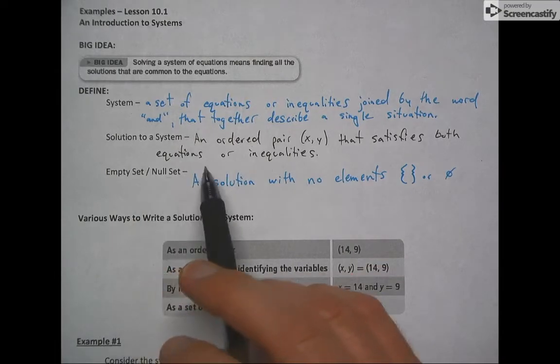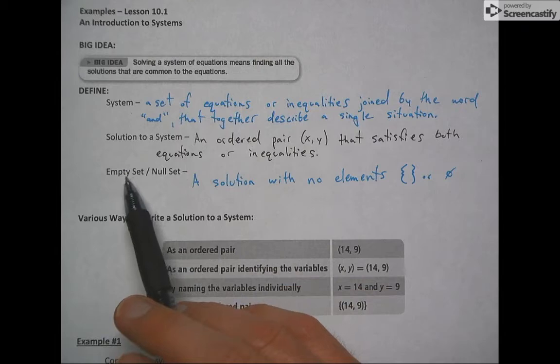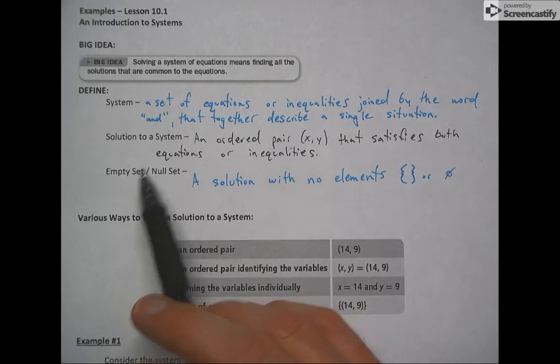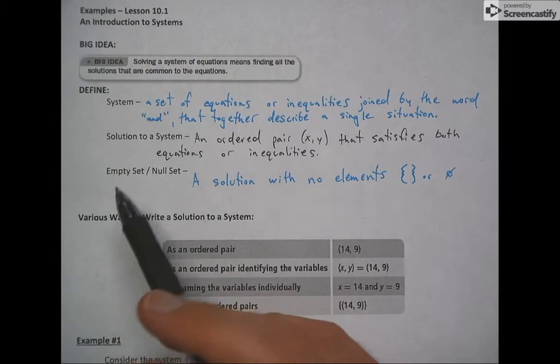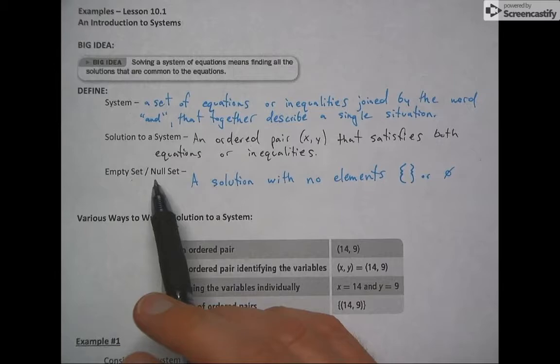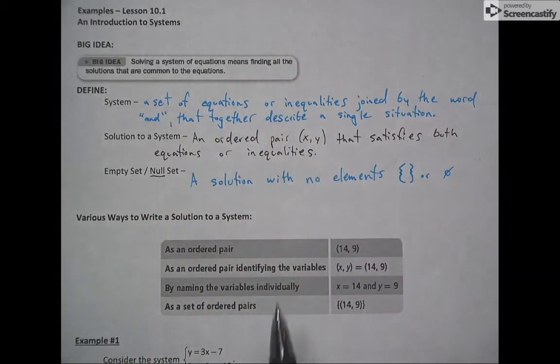Now, it is possible that there's no solution, and we've talked about these types of situations before, but that is referred to sometimes as the empty set. So you're going to refer to your answers as a set of numbers. And so if it's an empty set, there's no numbers there because there's no solution. Or the null set, that's probably a new term.